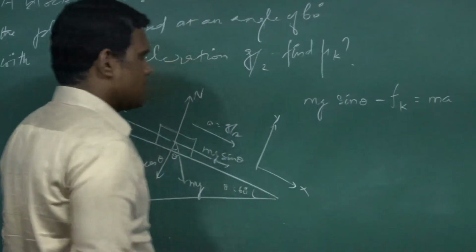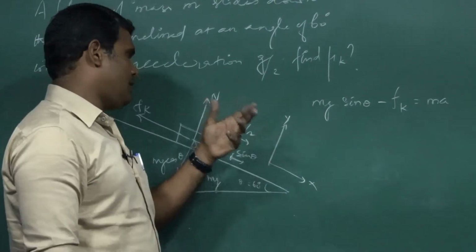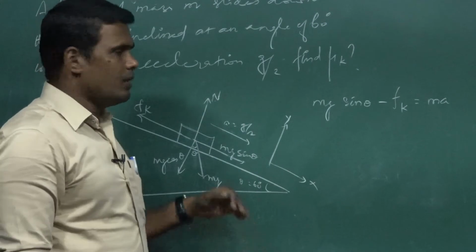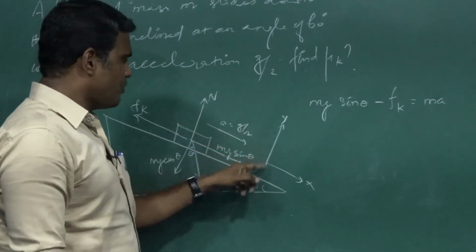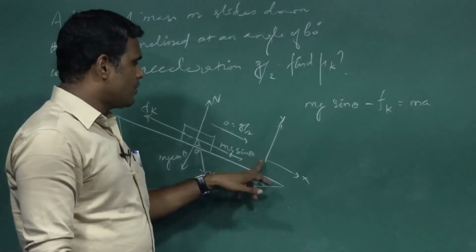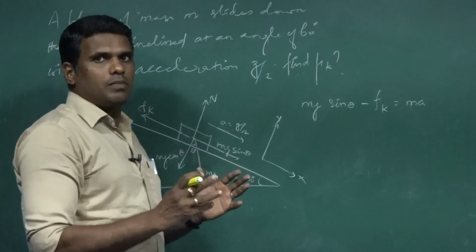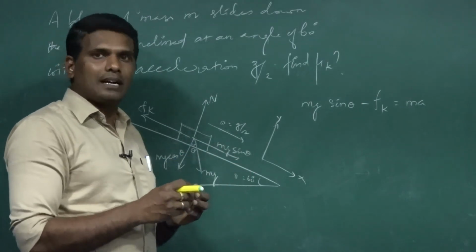This is the expression. Actually, you have studied all these ideas in FBD, free body diagram. If you draw xy coordinate, inertial coordinate system, you can compare the components here. You have to speak out all the forces acting on the body.